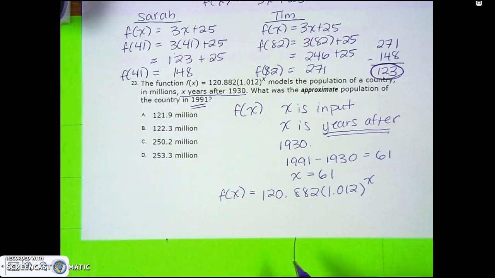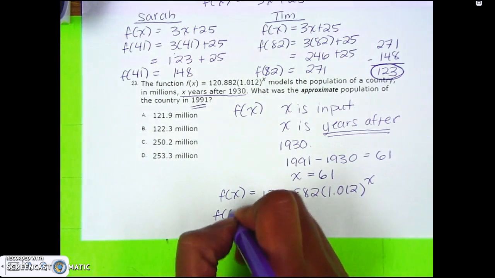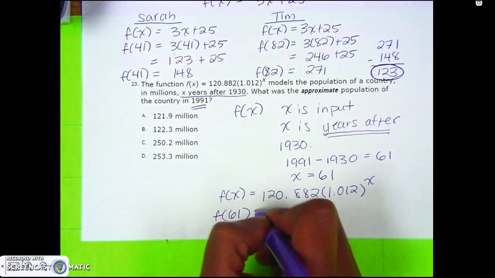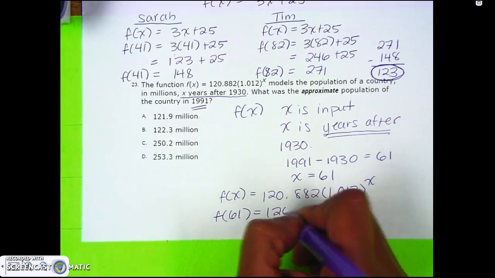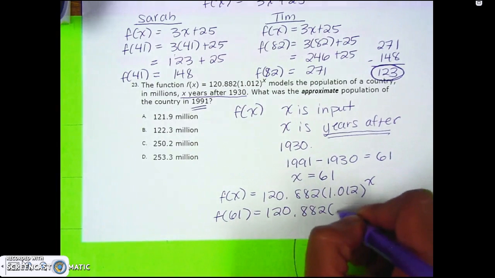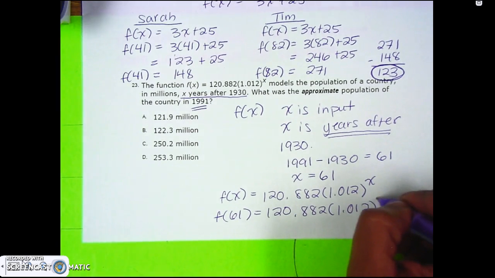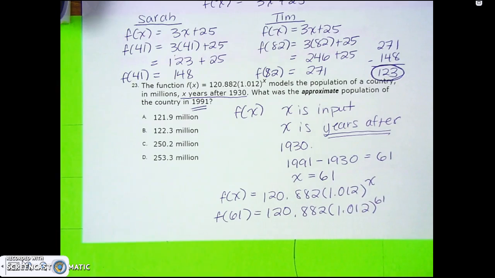Now all we need to do is substitute and evaluate. So we're going to substitute in 61 for x, so this becomes f of 61, which is 120.882 times 1.012, and instead of raised to the x power, we're going to raise it to the 61st power. Plug that into our calculator.